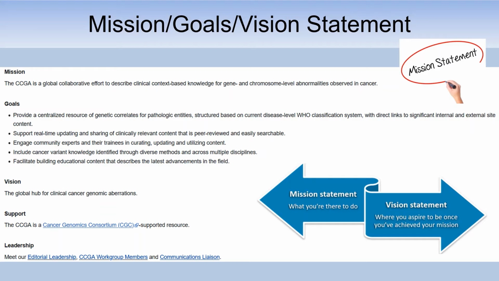So what do we aspire to do once we've achieved this mission? Our vision is to be the global hub for clinical cancer genomic aberrations. The idea is that the CCGA will act as a centralized resource of genetic correlates for pathologic entities that is updated in real time by the genetics community for use in clinical cancer case interpretation and as an educational resource.